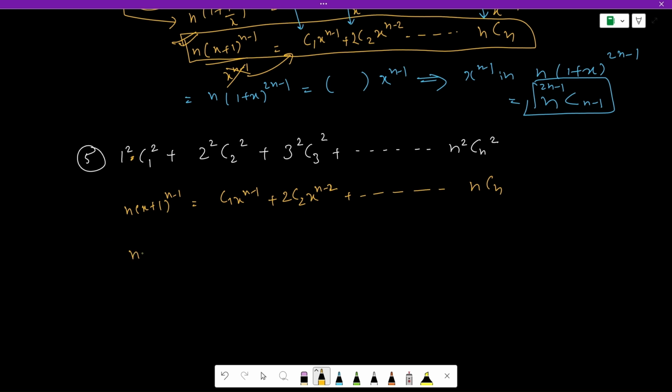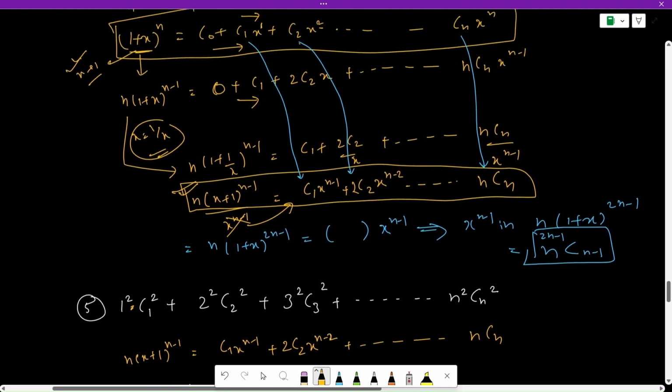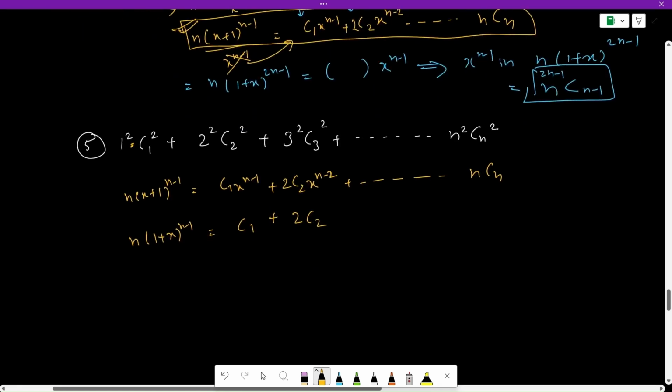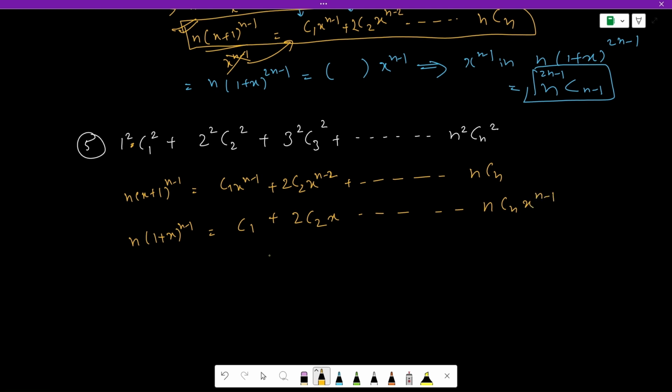The other series will be n into (1 plus x) raised to the power n minus 1. This will be the one we found here, which is c1 plus 2c2 x and so on up to n cn x raised to the power n minus 1.